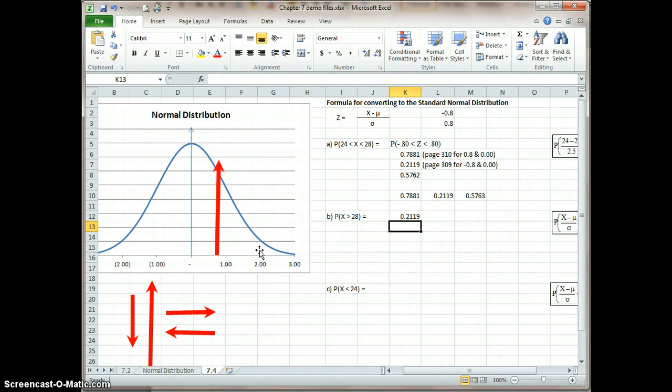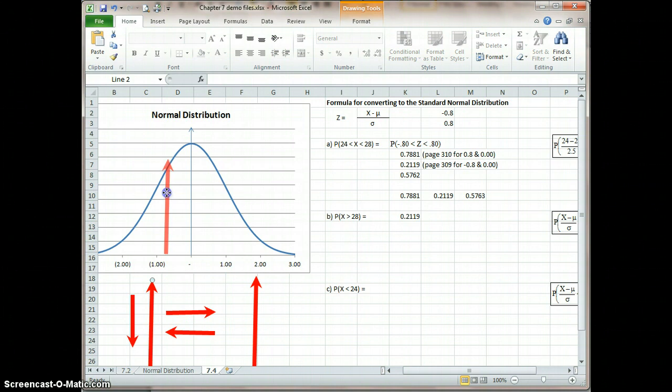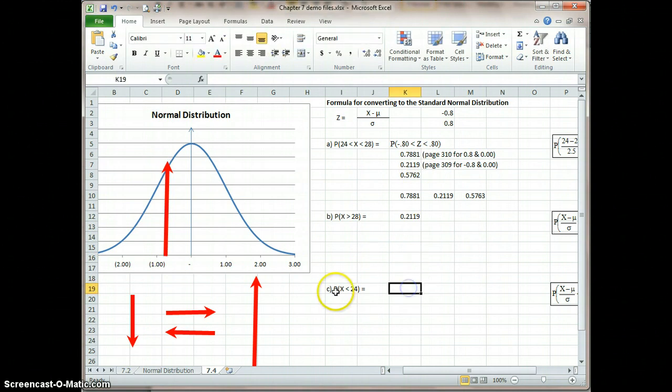Now, in addition, I'm going to pull this away and bring this one back up. With this z of minus 0.8, when we looked that up in the z-table on page 309, we knew that the area less than here was equal to 0.2119. In this case, the 24, which we calculated up here, was 24 minus 26, where 26 was the average and 2.5 was the standard deviation.